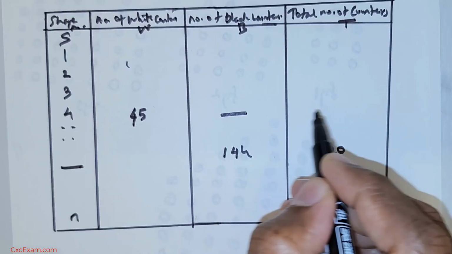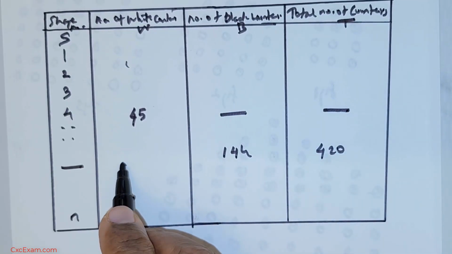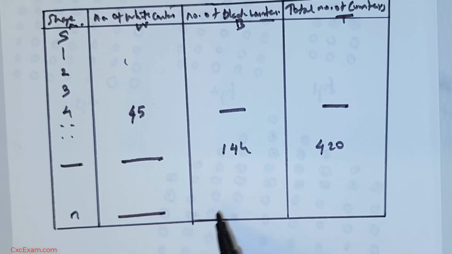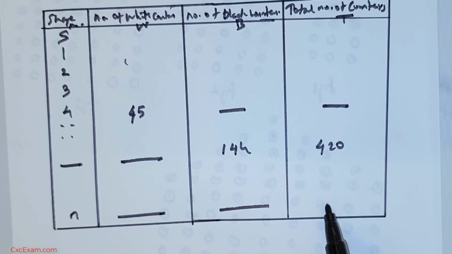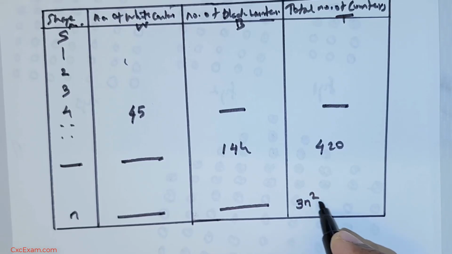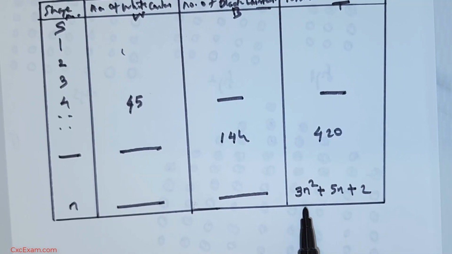Okay, but we need to find this, find this, find this, and ensure that we are producing this 3n squared plus 5n plus 2. Now this is a quadratic equation. Now you can clearly see how the application of quadratic equation is actually seen here.